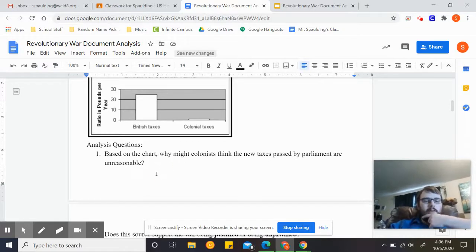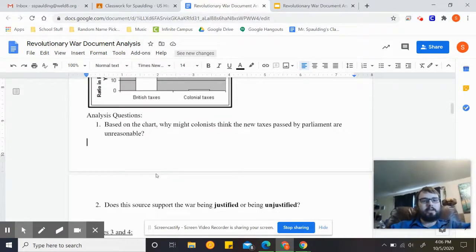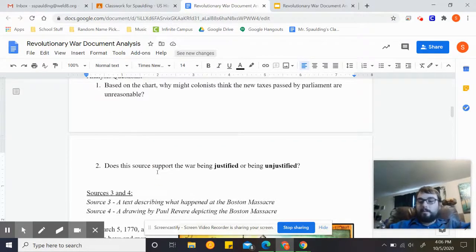So our question is, based on the chart, why might the colonists think the new taxes passed by Parliament are unreasonable? Well, they're more than 10 times the amount of taxes they were paying before. That's a huge increase, so they're probably going to be pretty upset about that. Second question, does this source support the war being justified or unjustified?